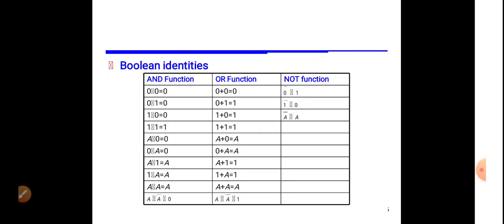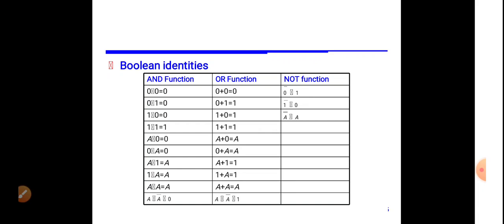Here a may consist of two values, either 0 or 1. For the first time, assume a as 0. Then 0 dot 0 is 0. If we assume a as 1, 1 dot 1 is 1. So whatever a value you take, you get the same value as the output. That is the reason a dot a is equivalent to a.